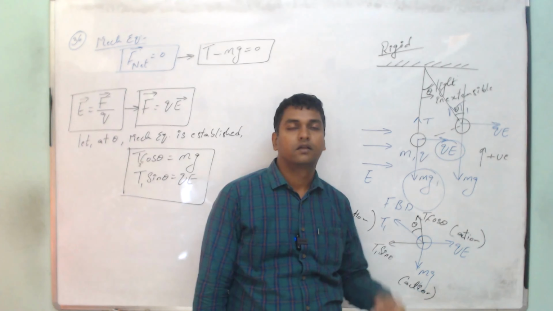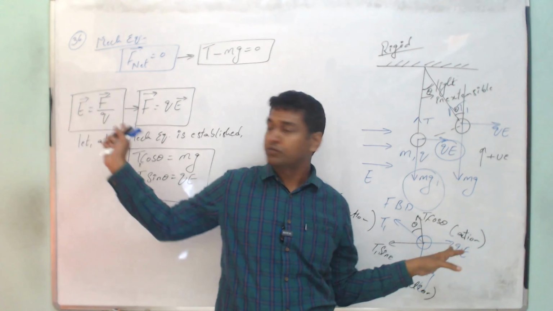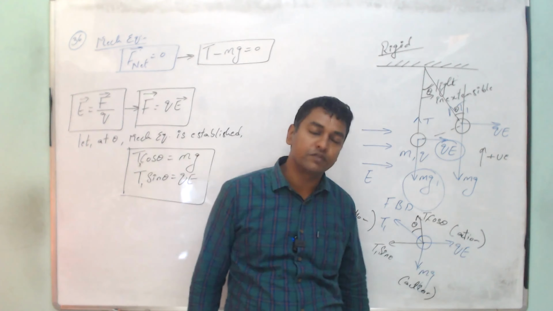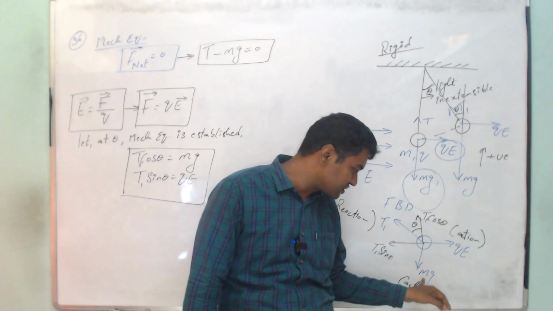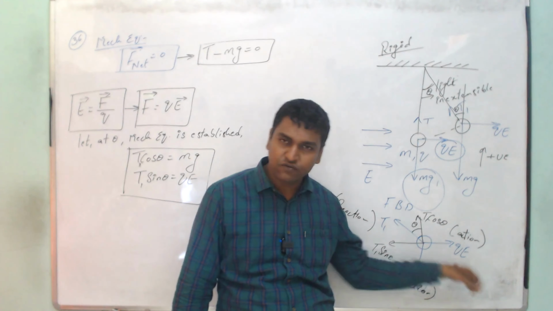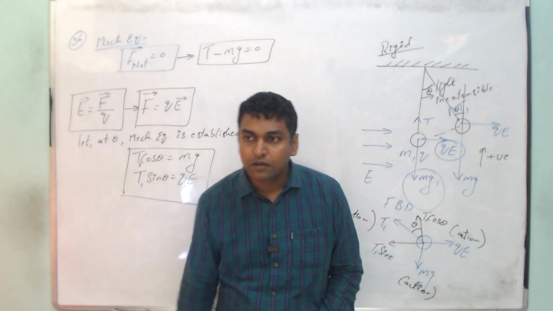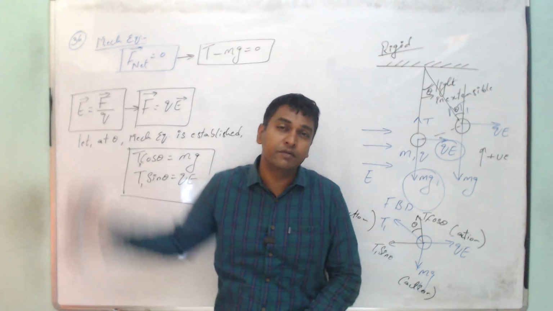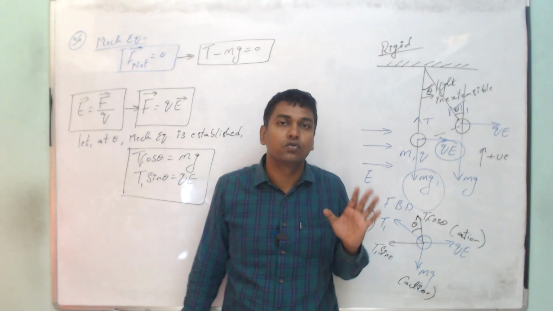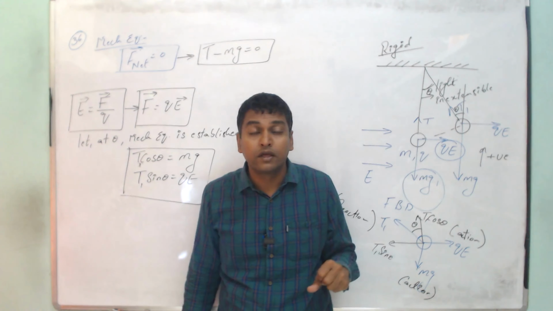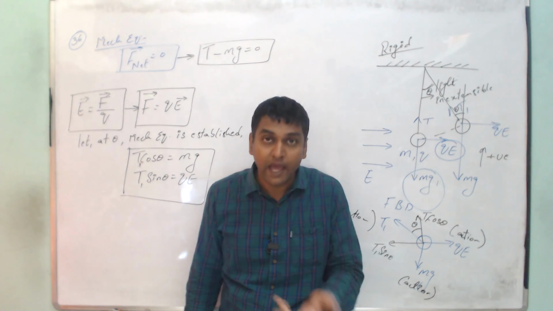Next point that I said is, I want mechanical equilibrium to be established. If my mechanical equilibrium has to be established, that means my action forces mg and qE should be cancelled by someone. Why? Because at equilibrium my net force is 0. Someone, we don't know who. Then we discussed that my reaction always depends on my action.